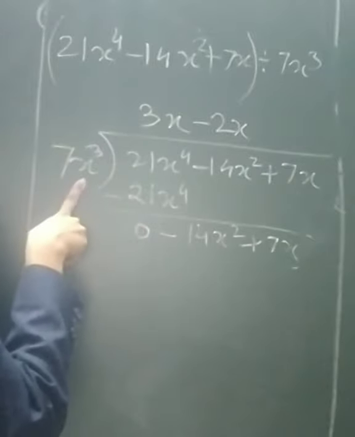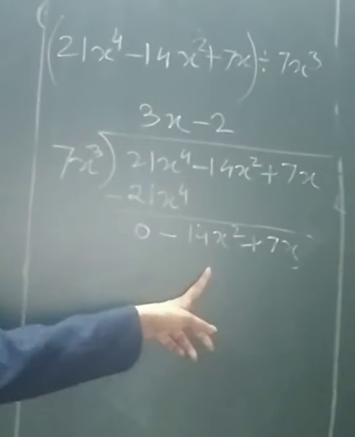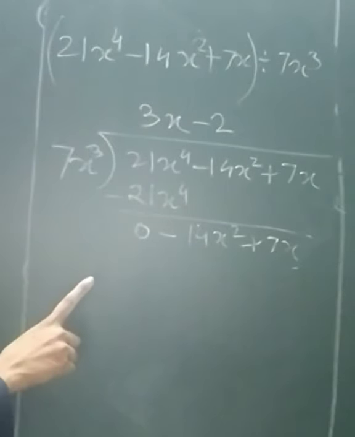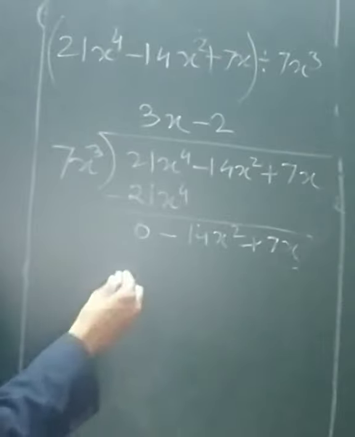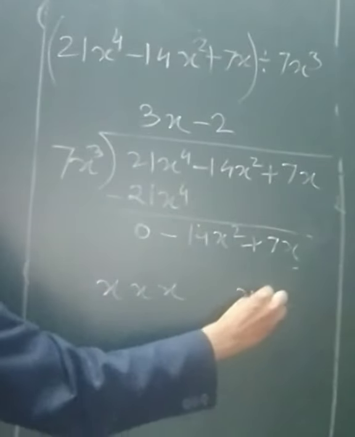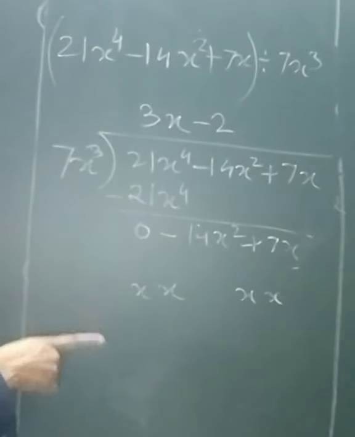Okay, because see here, we have x cubed, we want x raised to 2. That means we need one x less. Okay, we have x cubed and we want x squared. So we need to cut 1, right?